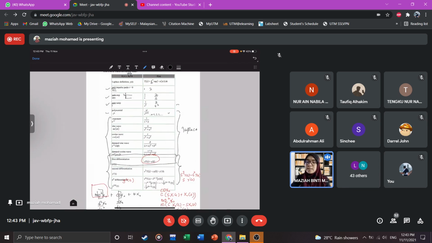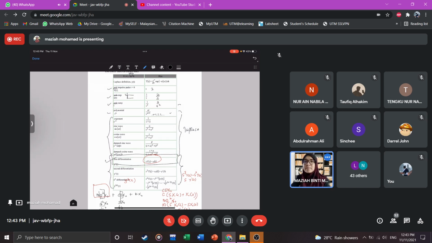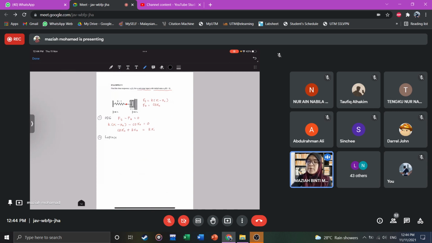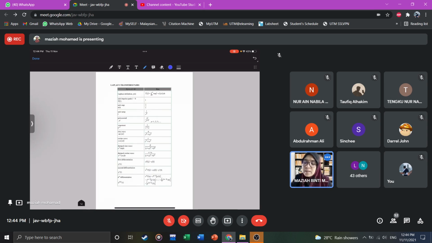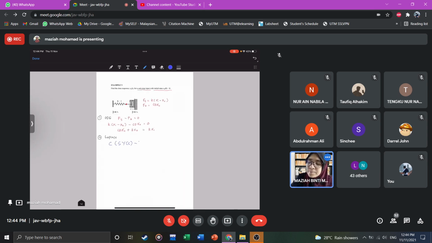Here it contains only first differentiation, because the highest term is only D. So the Laplace form is C (s X naught(s) minus x naught 0) plus K X naught(s) equal to K Xi(s).